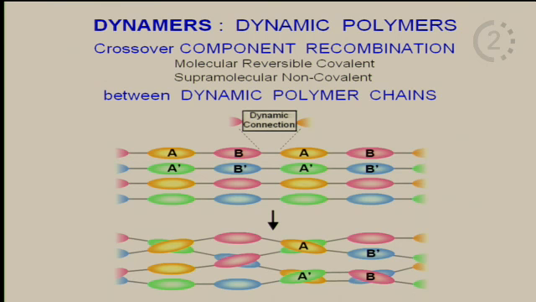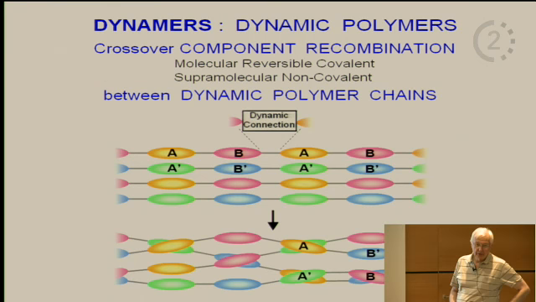The connection between A and B is a dynamic connection. Then you make a film A prime, B prime, A prime, B prime. Now you superimpose the two. What you can hope for is that because this bond can break, you can now connect B prime with A and B with A prime. In that way, you generate the 2 combinations which are not present at the beginning. At the beginning, you have AB and A prime B prime. So you can generate B A prime and B prime A. Okay? What is this good for?